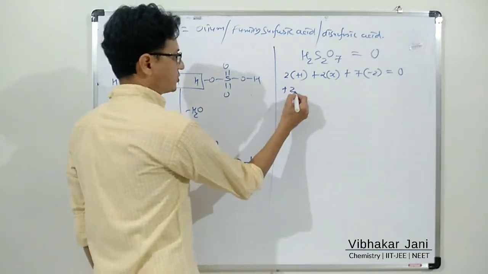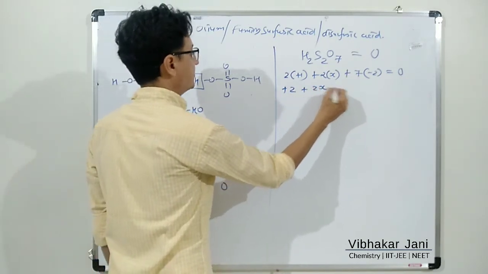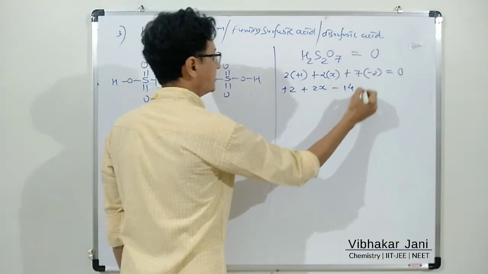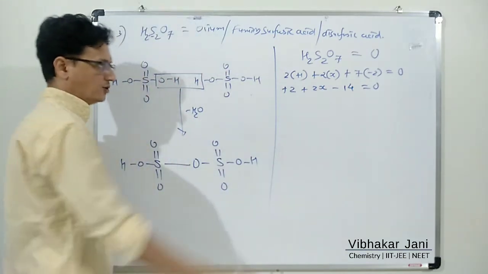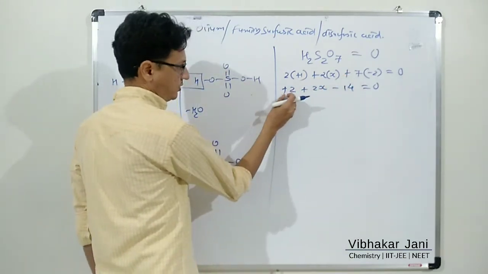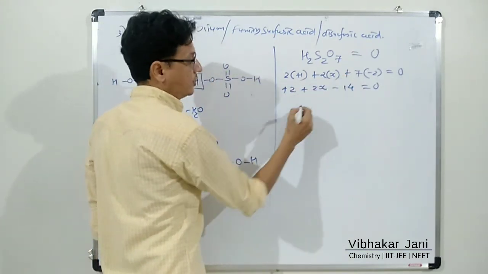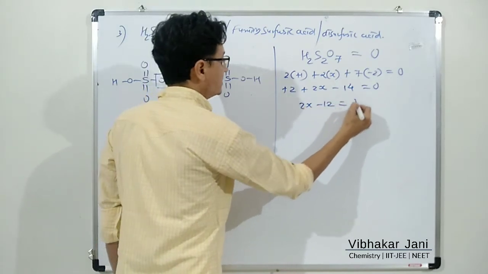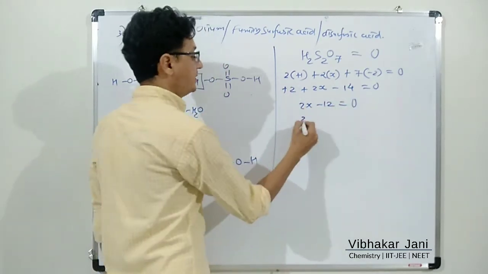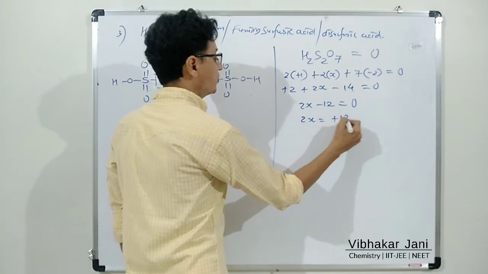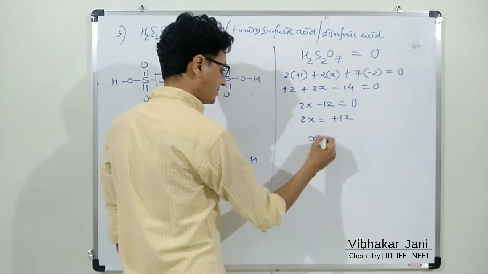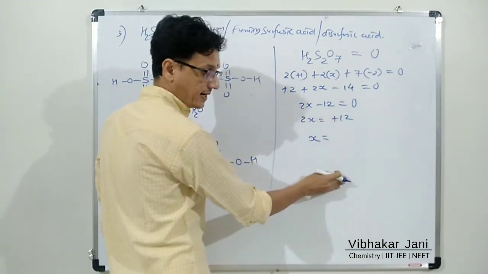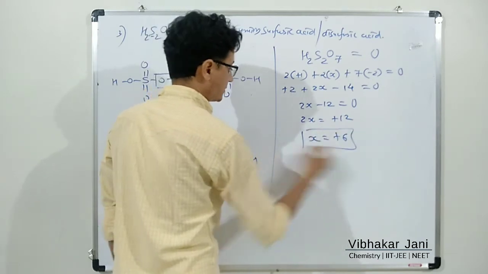So this is +2 plus 2x minus 7 2s are 14. So -14 plus 2, that is -12. So 2x minus 12 is equal to 0. That means 2x is equal to +12. That is, x is equal to +12 divided by 2, which gives us +6.